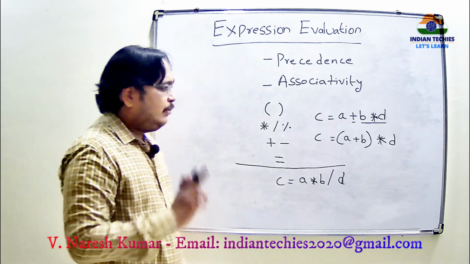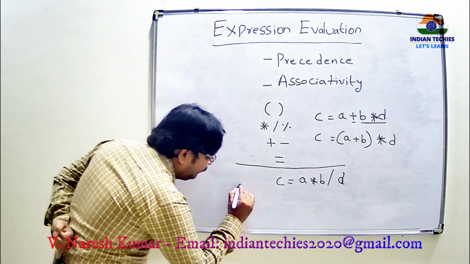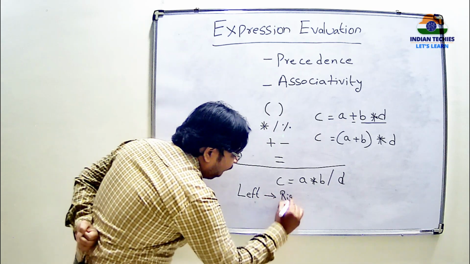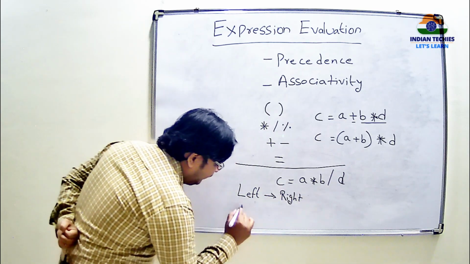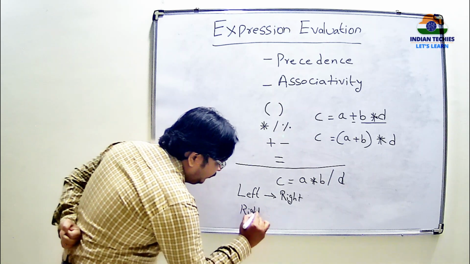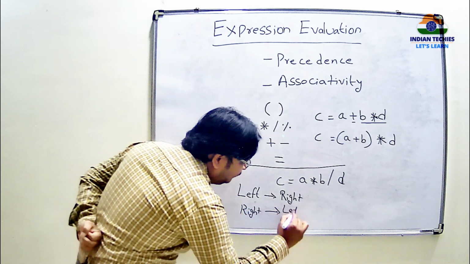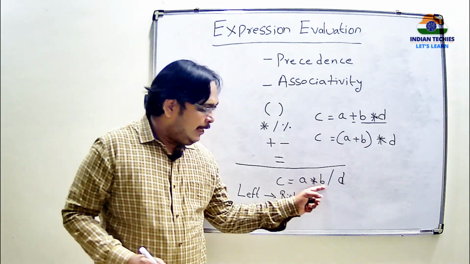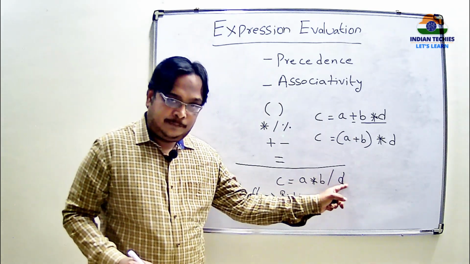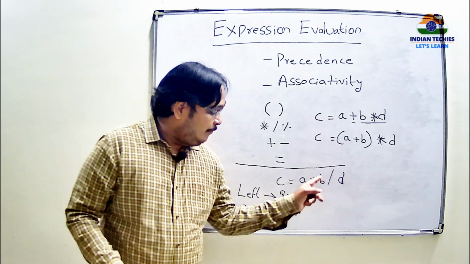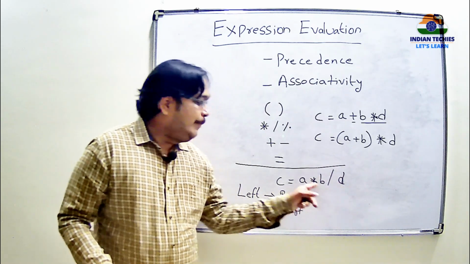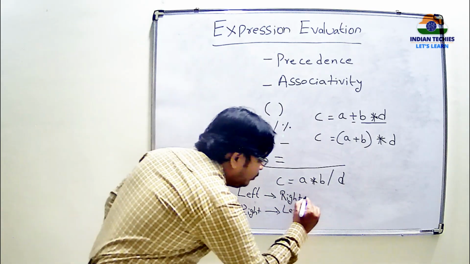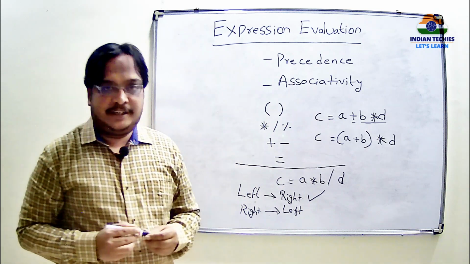Associativity is of two types. One is left to right, another one is right to left. Left to right means first A into B, then that is divided by D. Right to left means first B by D, then that will be multiplied with A. Now, C by default follows left to right associativity.